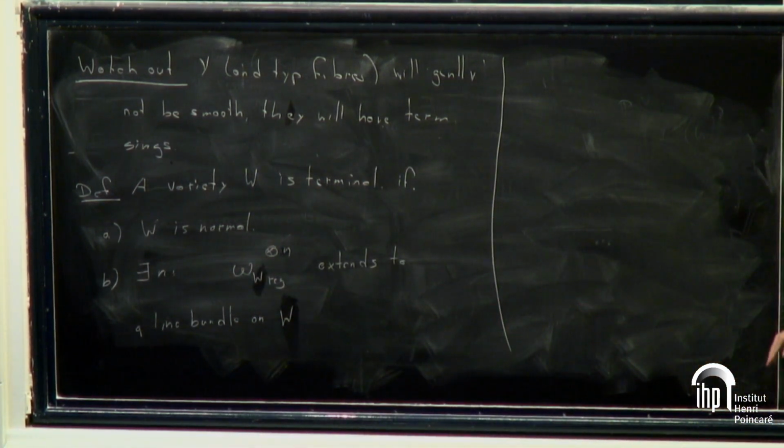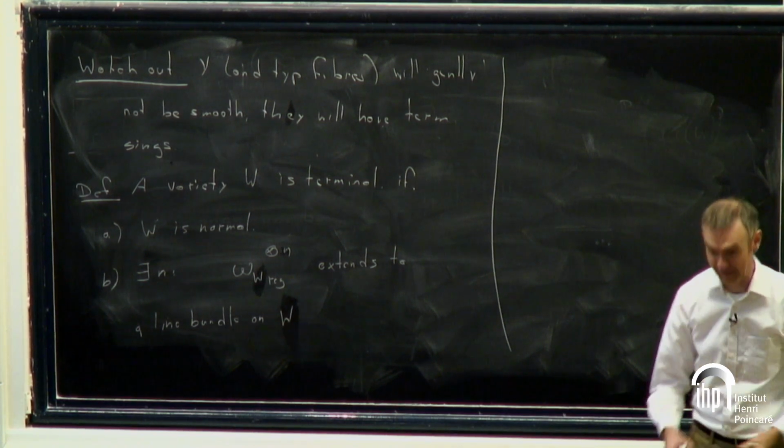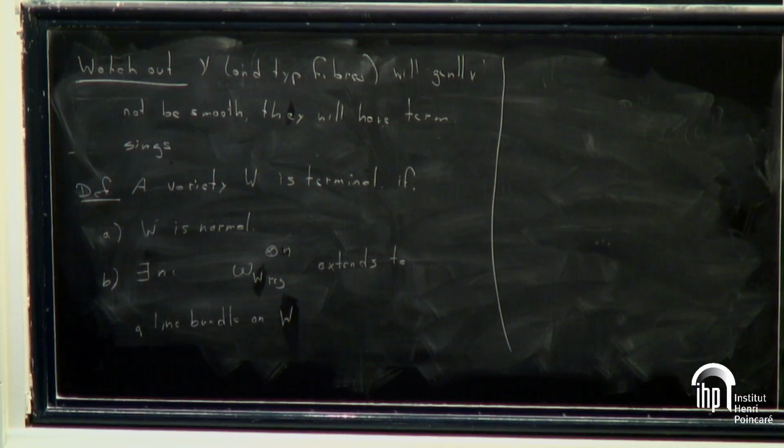Right. So that saves me from trying to define what differential forms are in a singular space, right? I just work with this line bundle, and probably I should give it a name.